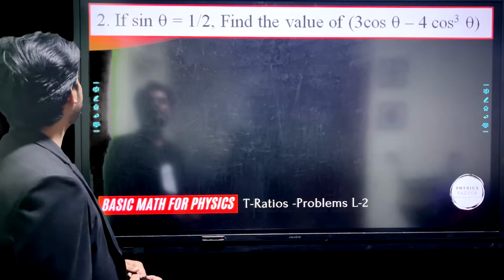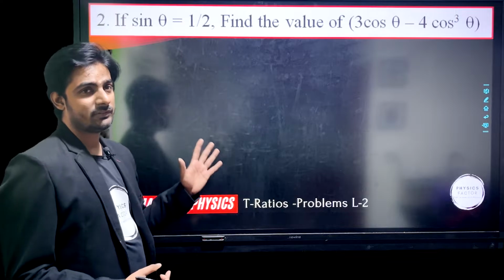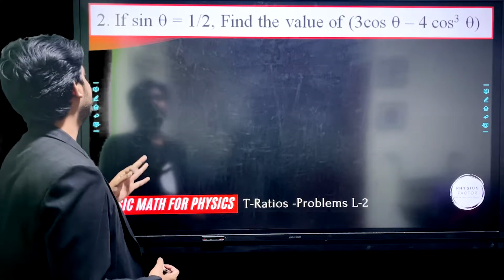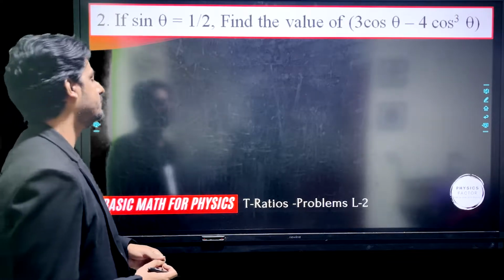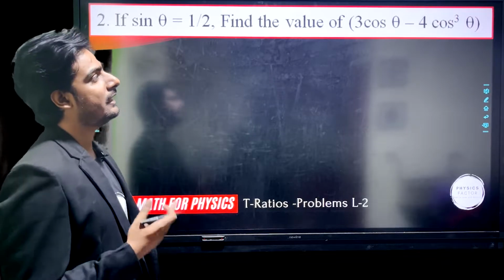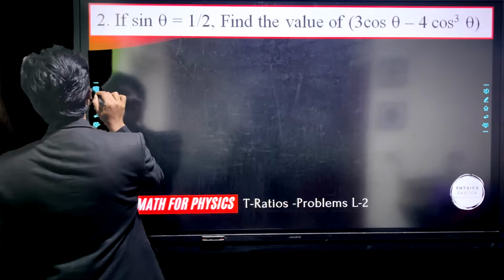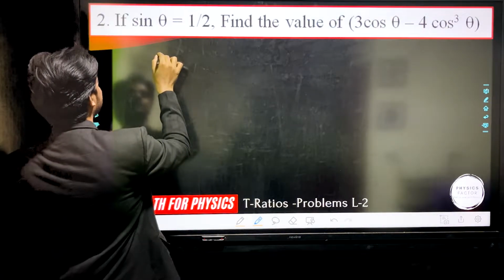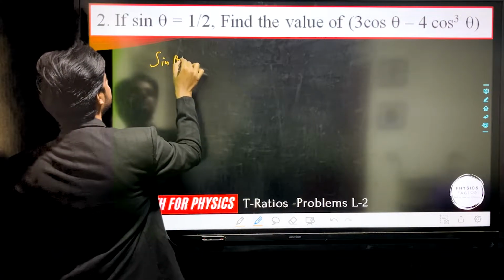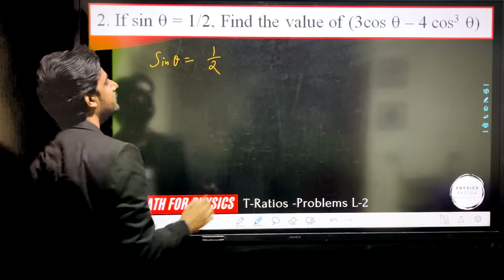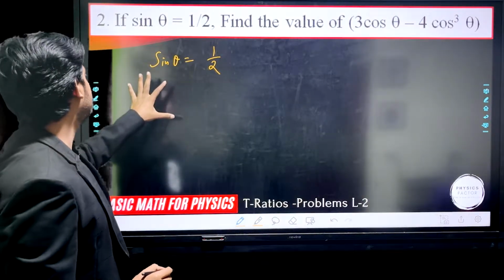Okay, so a similar question from the level 1 also, we have done. Here sin theta is given to you as 1 upon 2 and they have asked you to calculate the value. So let's write it first. So sin theta is half.